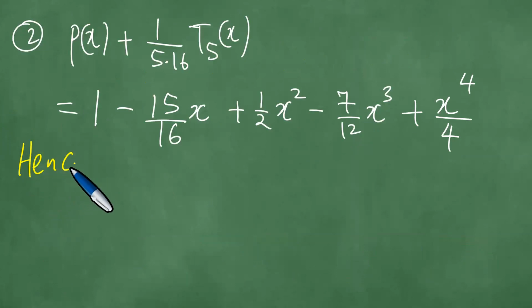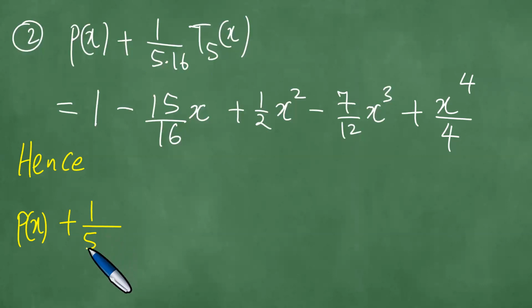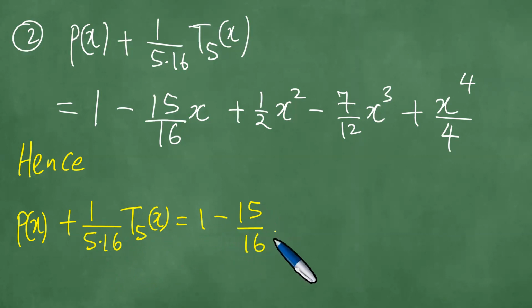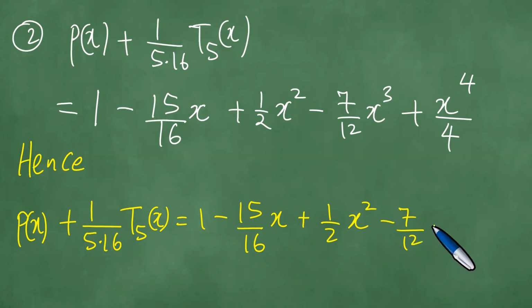Hence, the implication is therefore that P of x plus 1 out of 5 by 16, T5 of x is 1 minus 15 x out of 16 plus x squared out of 2 minus 7 out of 12 x cubed, x to the fourth out of 4. And this is the answer.